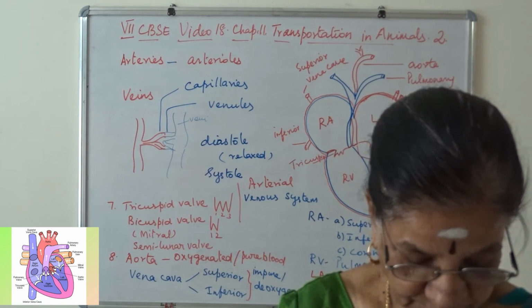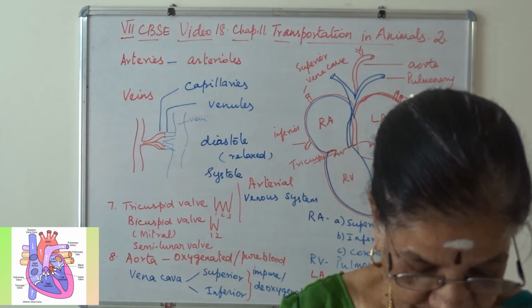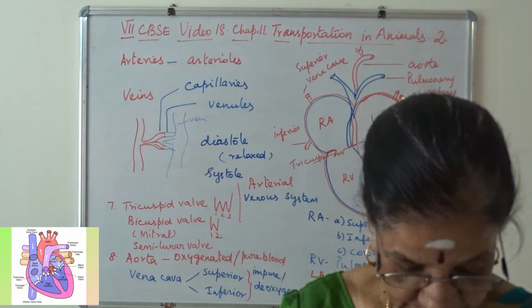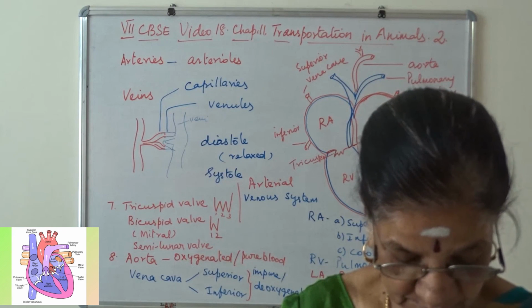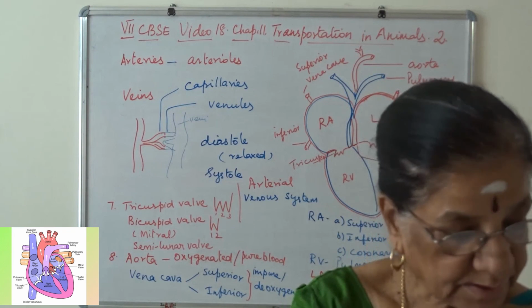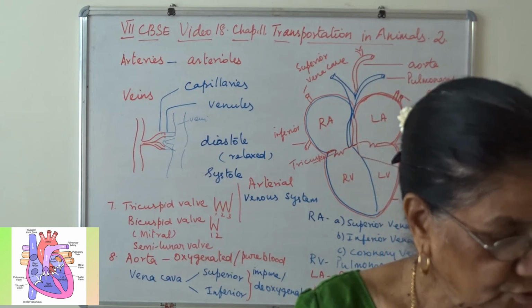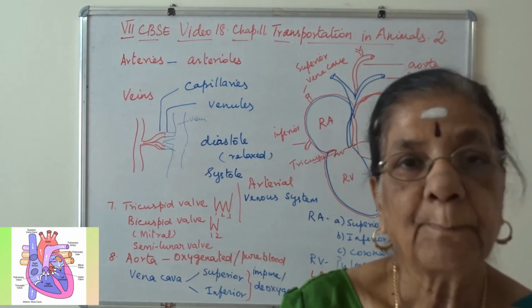Right? Now the left ventricle contracts and pours oxygenated blood into the aorta, which is the largest artery in the body. Then it distributes to various parts of the body.